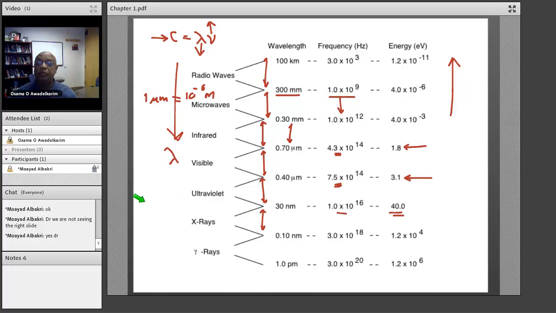So 1 nanometer, which is, again, here we get into the nanoscale. 1 nanometer is 10 to minus 9 of a meter. So 10 to minus 9 of a meter, that's the nanoscale.